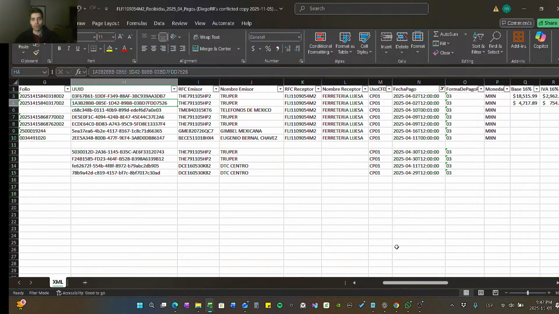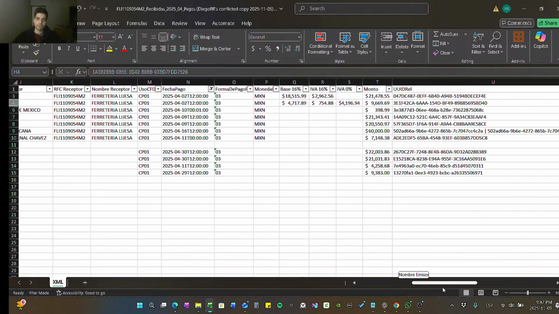So the first automation that I am trying to build is a simple step out of a bigger process.